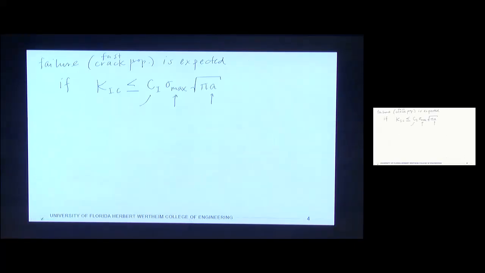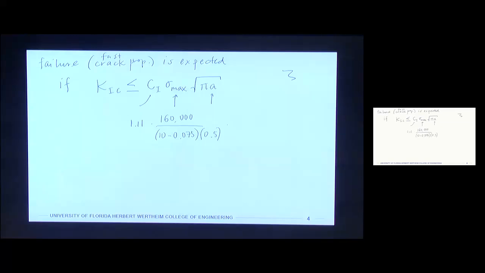So let's go back now. Okay, so C1 is 1.11. The maximum stress is going to be 160,000 pounds divided by 10. And we can subtract off the crack length if we want here, but it's quite small, times 1/2 inch.